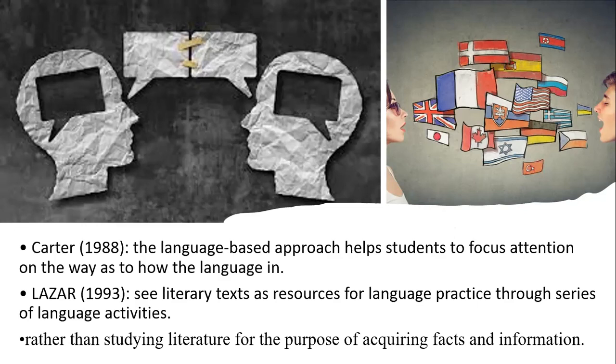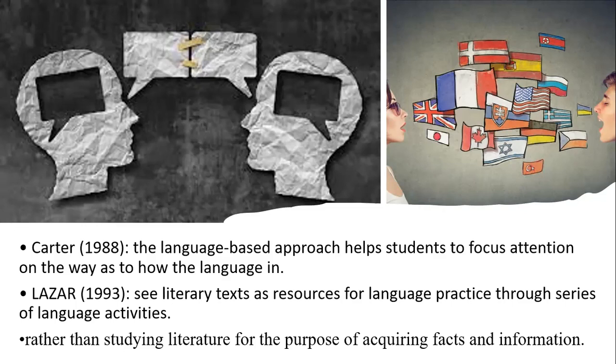Ulitin natin, sabi po ni Carter in 1988, the language-based approach helps students to focus attention on the way language is used. Kaya po language may not be used just as words or giving information about the literature, but it also helps our students improve and be creative in creating and using different language forms.